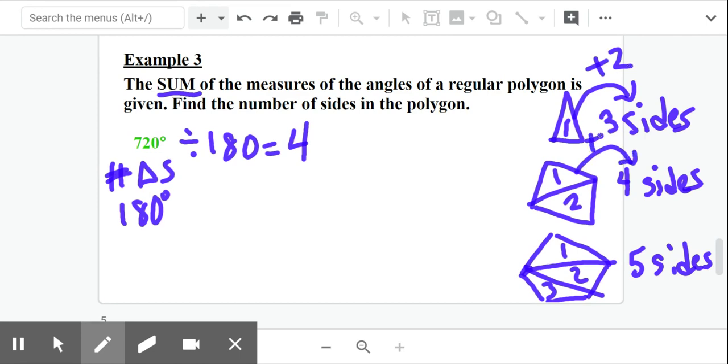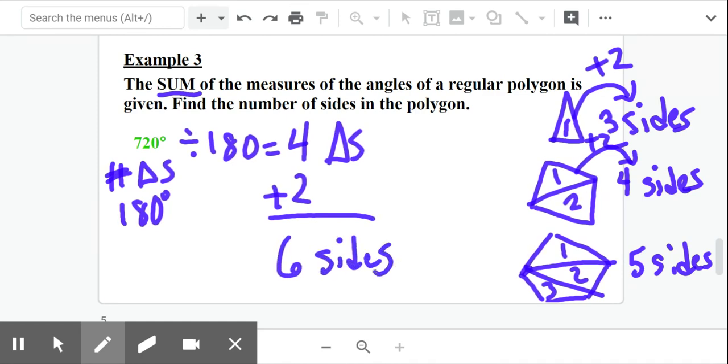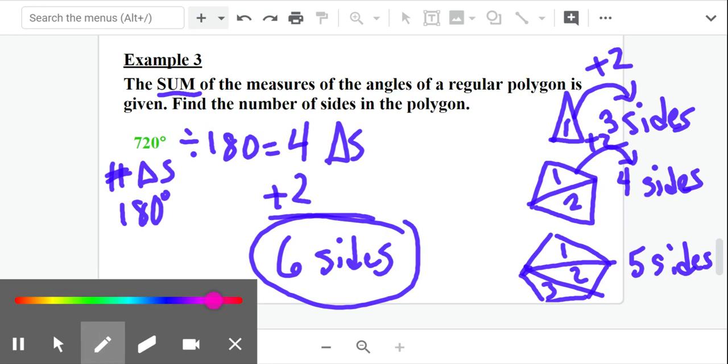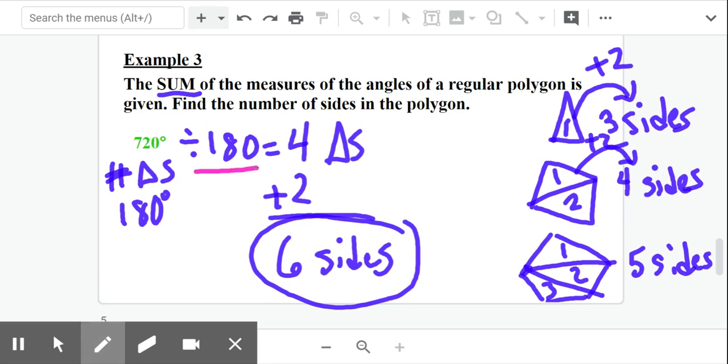You see that? I have to add 2. So if this is 4 triangles, then I have to add 2 to get to the number of sides. So this is a 6-sided shape, otherwise known as a hexagon. So once again, we divide by 180, and that gives us the number of triangles. And then we have to add 2 to get the number of sides. So we're essentially working backwards.